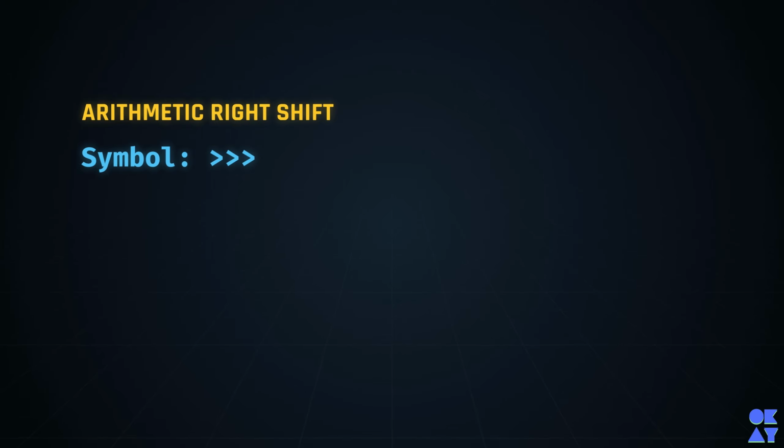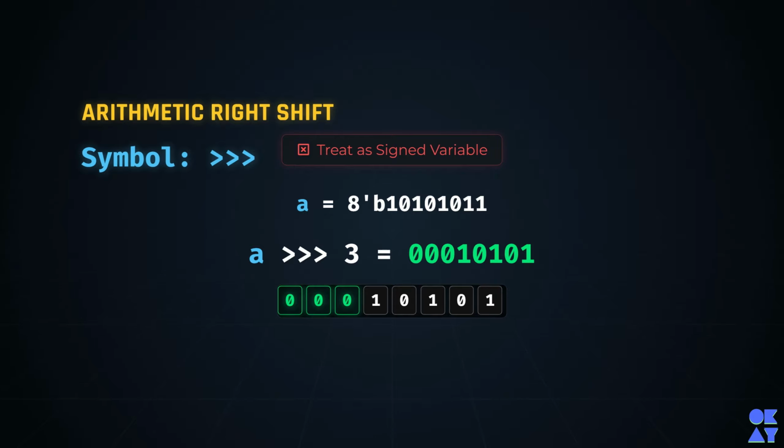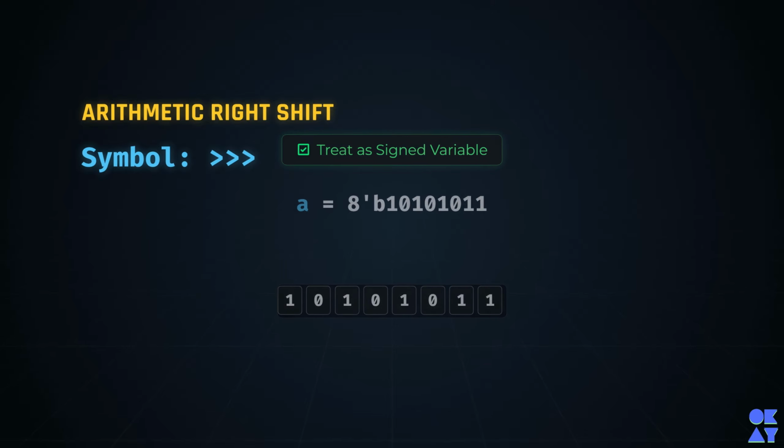Arithmetic right shift. Symbol is triple greater than. Here comes the difference. Whether to add zeros or ones on empty bit places depends on whether the number is signed or not. If not signed, add 0 on empty places. Like this. Let A equals 7'b10101101. A arithmetic right shift by 3 is 0001010.